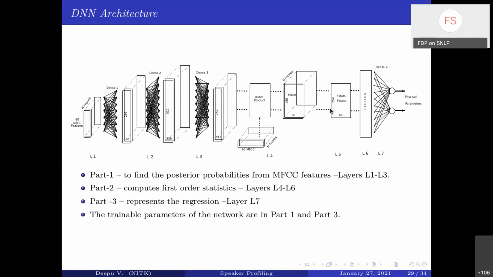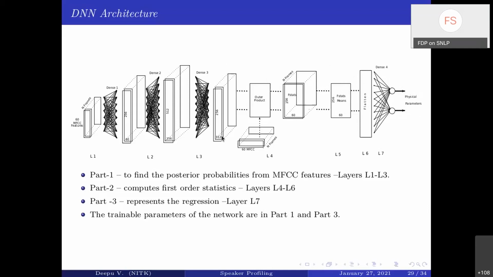So you get a mean thing which is 256 cross 60. So each of the 60 is a spectral average of each of those 256 sound classes. So you try to make it as one single feature vector, this 256 cross 60, and then you try to predict, for example, age or height or things like this. So this is the entire neural network architecture.